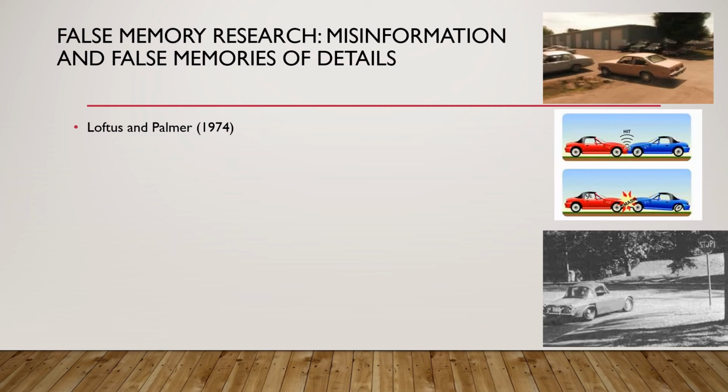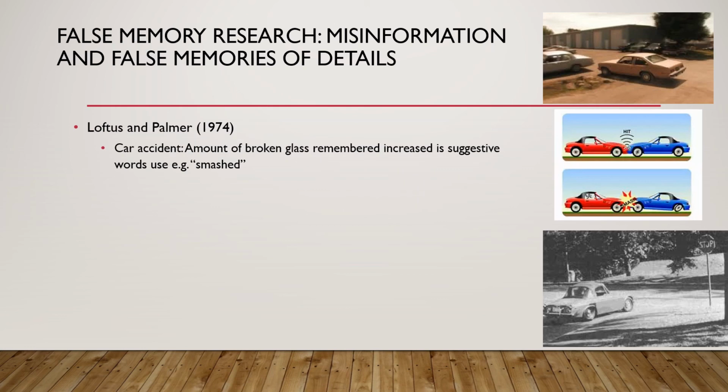So Loftus and Palmer's 1974 paper involved stimuli of seeing a video of a car crash, a fairly low-speed car crash, and what they found was the amount of broken glass that was remembered later by participants was increased if they were in the experimental group that received suggestive words such as, "What do you remember when the cars smashed into each other?" where smashed is a suggestive, misleading word.